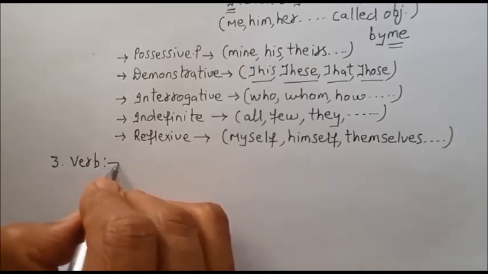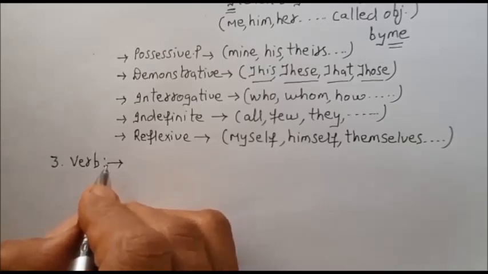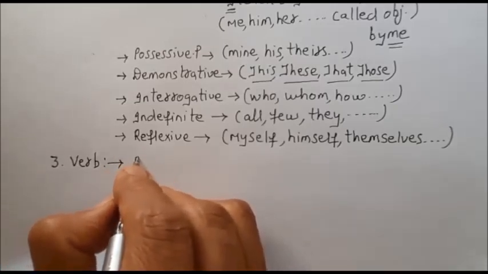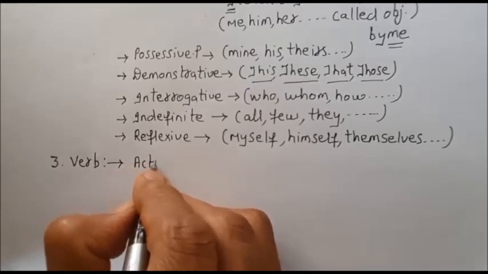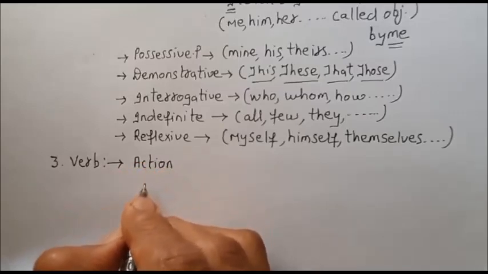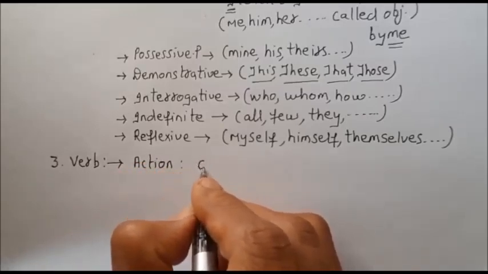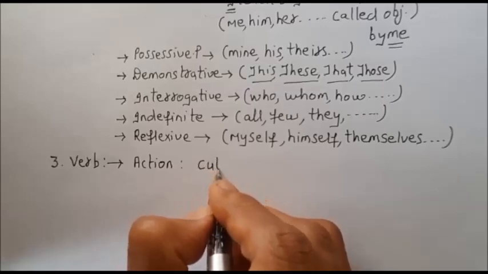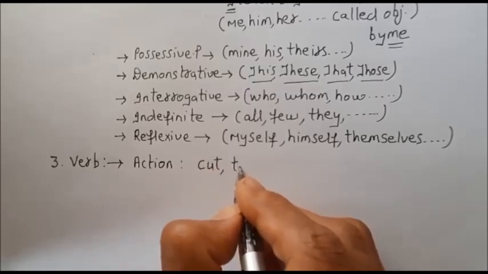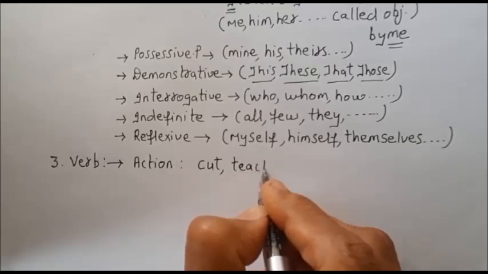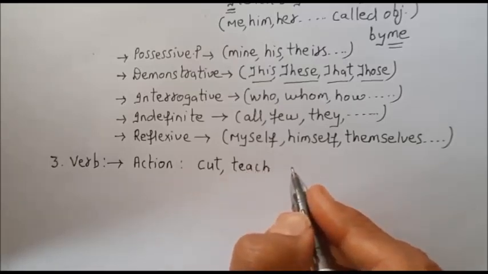So again, types of verb that we can take is action also, which you can easily understand, like cut, teach. When we use this word, I teach, it's simple, you understood.